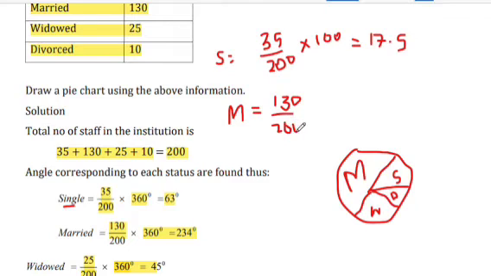You must divide it by the total sum of all the numbers, times 100. This one is to do for percentage. So you work it out like that: 130 times 100 divided by 200. That's 65%.